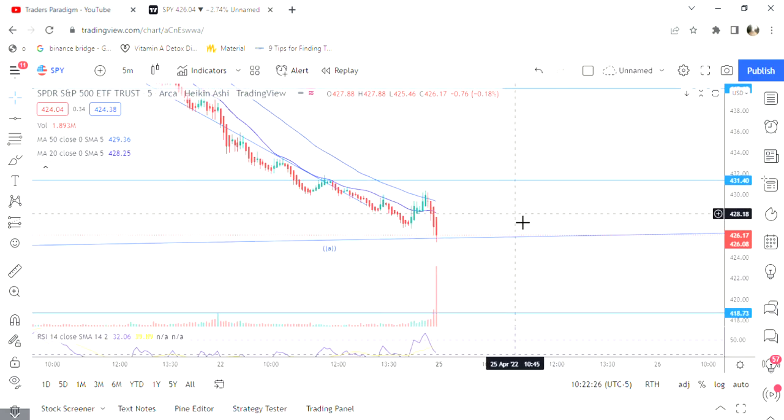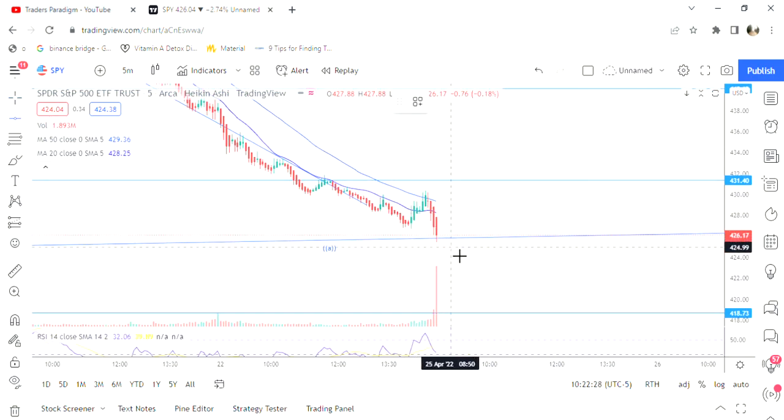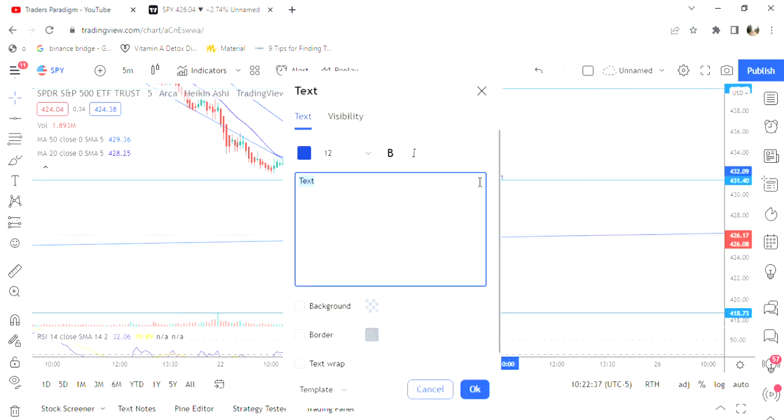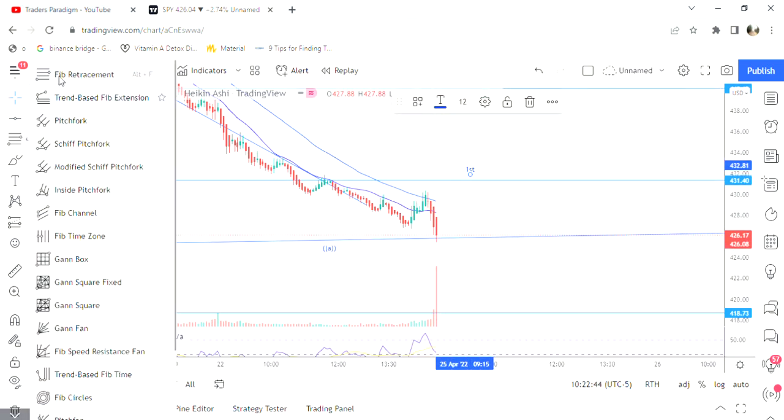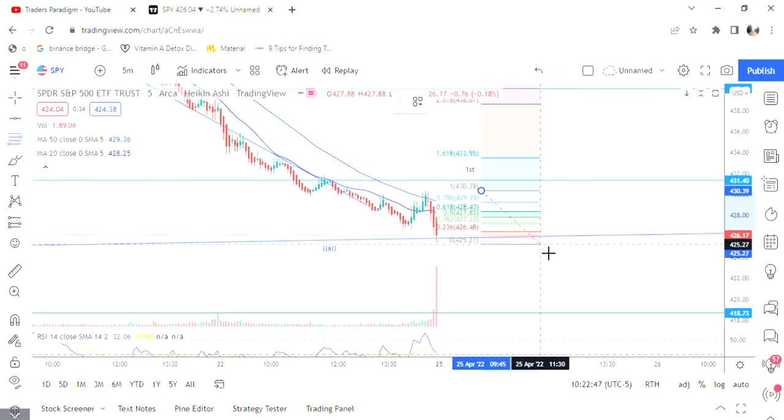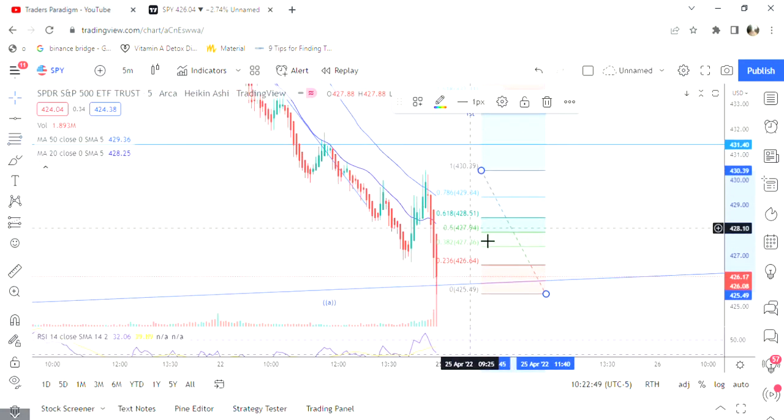But let's say another scenario. That's the first scenario: we gap up over the top of this fourth wave at 430.44. Second scenario is we bounce to about, let's say, 427.94 to 428.50 or higher.